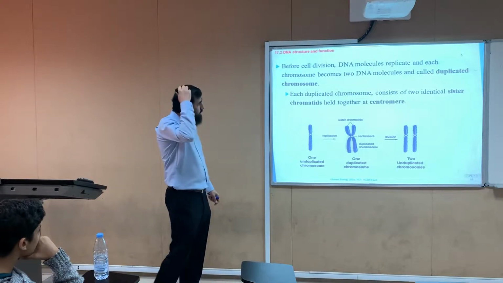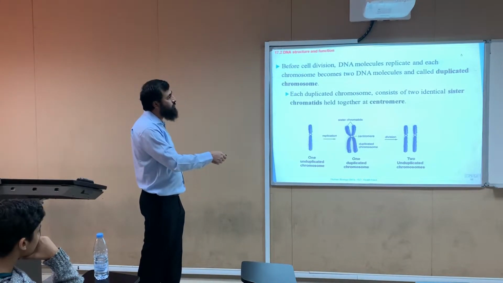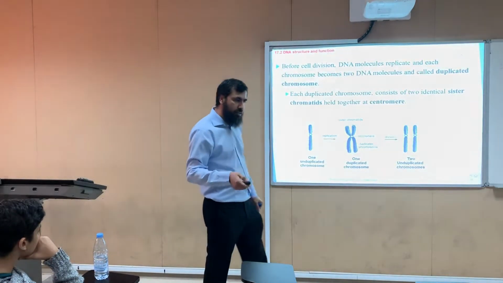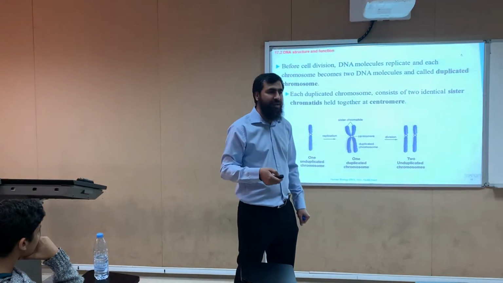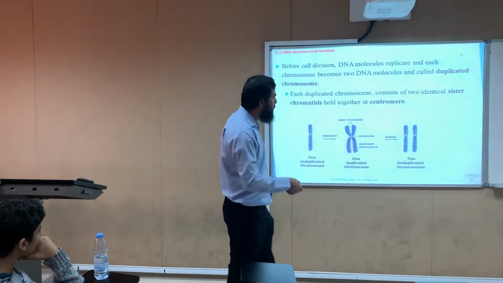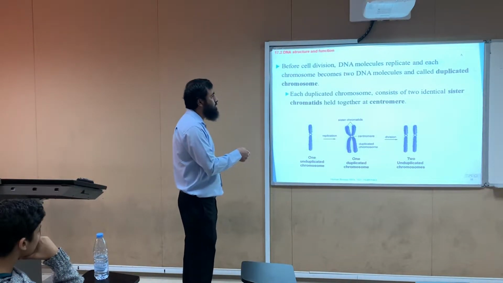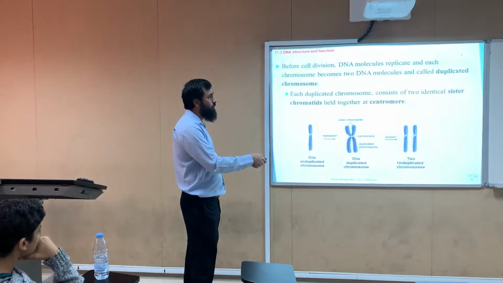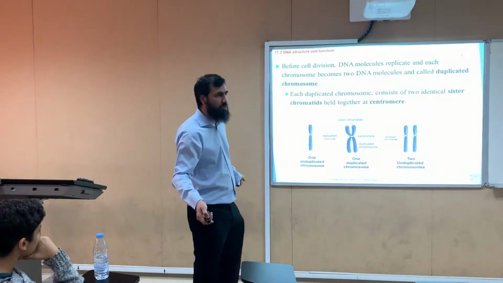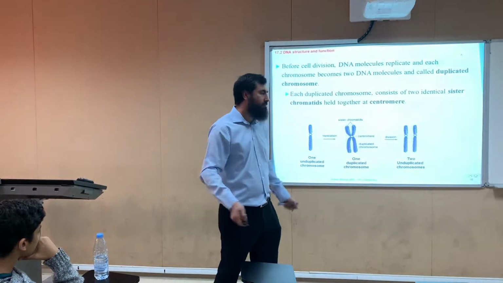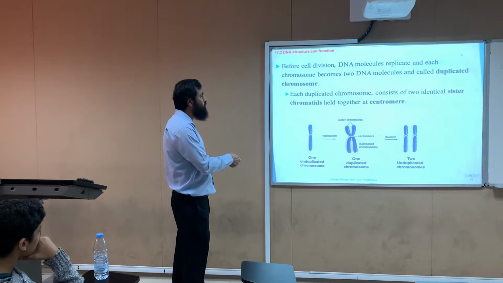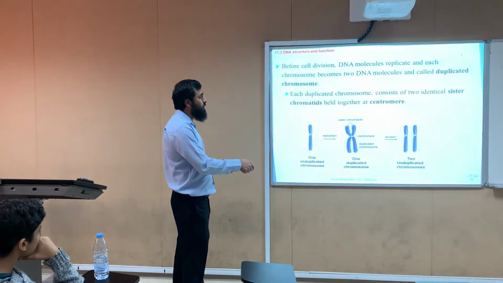As I mentioned, the cell cycle has what we call a synthesis phase, an S phase, where DNA is replicated. We haven't talked about that yet. Each chromosome becomes two molecules, which we call a duplicated chromosome. Obviously, it's a copy of itself, so it's a duplicate, and it forms the two sister chromatids, which are held at the centromere.